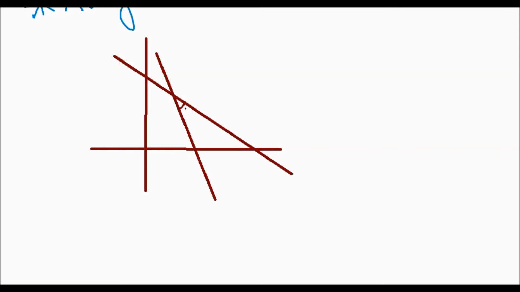There will be an angle between them, with slopes theta 1 and theta 2, and the angle is theta. So how can I find the angle between 2 lines if I know the slopes of the 2 given lines? There is a formula.